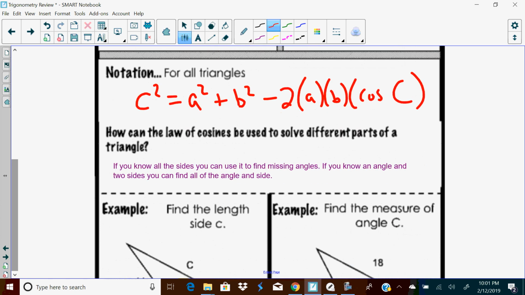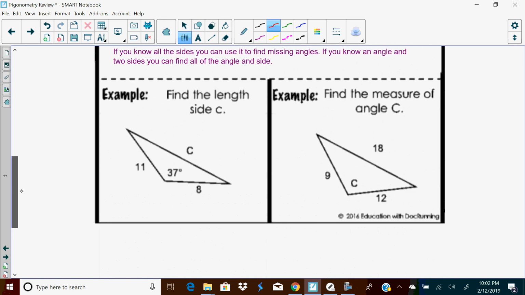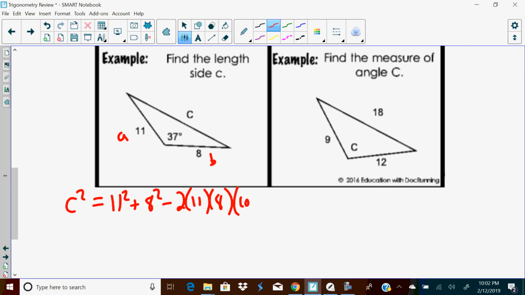So for example, if I was trying to find C, notice I have the angle directly across from it. When I look at this, I can make either one of these A and B. So I'm going to do C squared, because I don't know what it is, equals 11 squared plus 8 squared minus 2 times 11 times 8 times the cosine of 37.